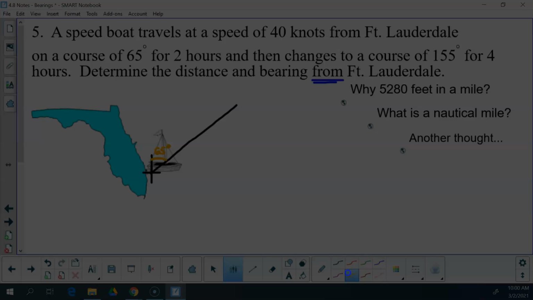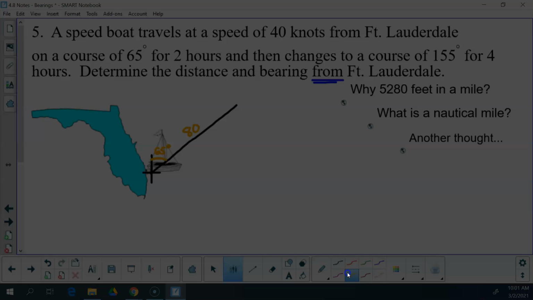Okay? How long is that black side? You don't need a calculator for this. It's 80 nautical miles, right? Because if it's traveling at 40 nautical miles per hour for 2 hours, it went 80 nautical miles.